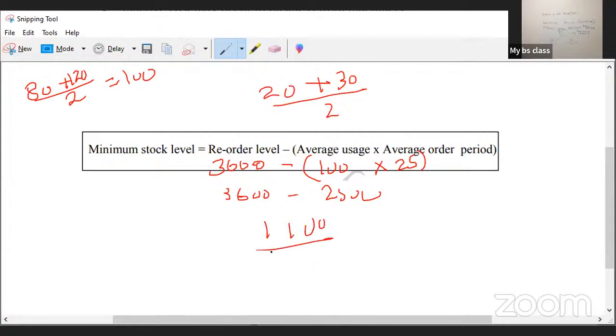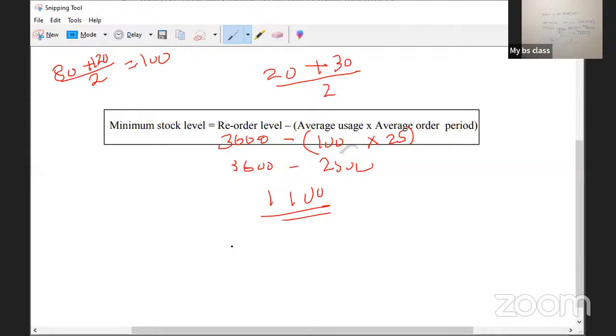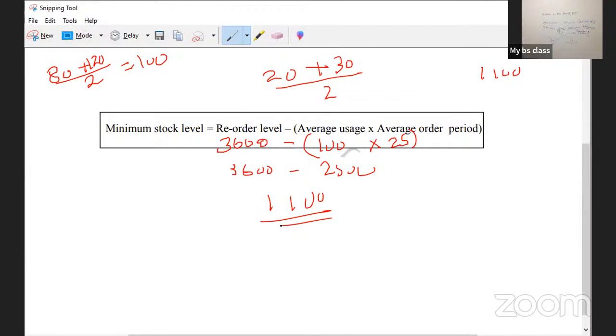Again, minimum stock. Then how do we work out the average stock? Minimum stock plus maximum stock divided by 2. We have found the minimum stock, now we need to find the maximum stock. Maximum stock: you calculate your reorder level, minus minimum usage into minimum order period, plus reorder quantity.